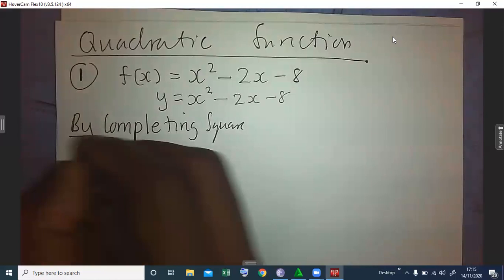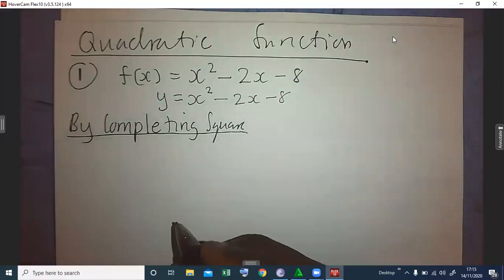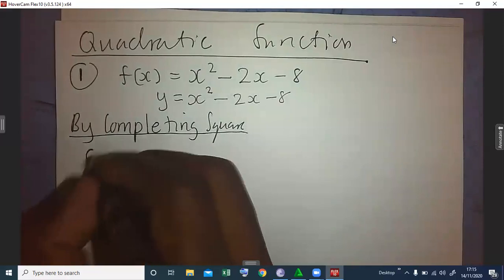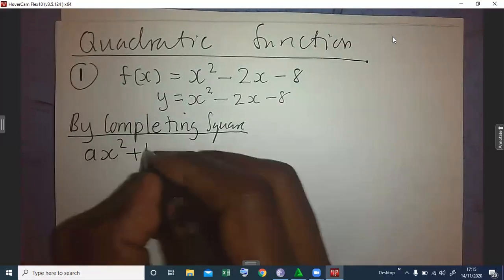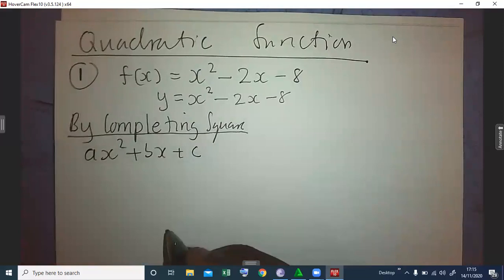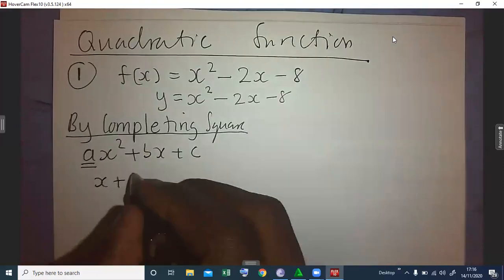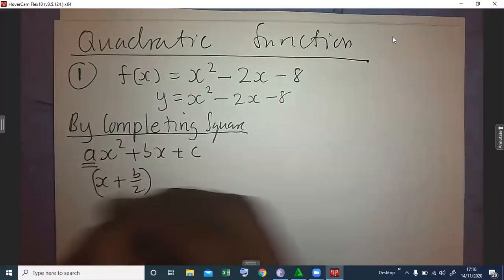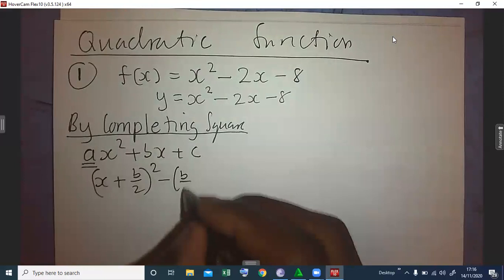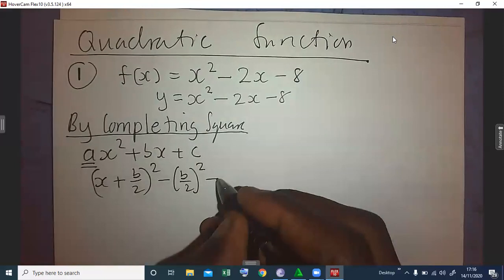And we know when we are doing completing the square and the coefficient of x squared, like if ax squared plus bx plus c, when a is 1, we can use the formula which is summarized there.